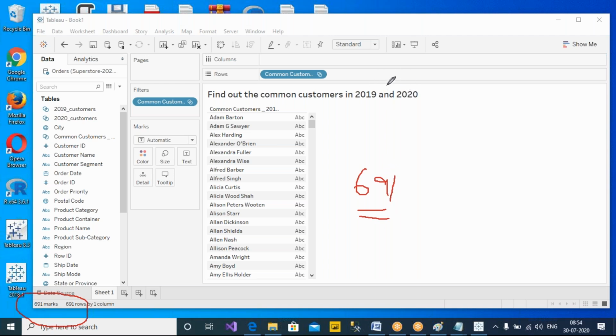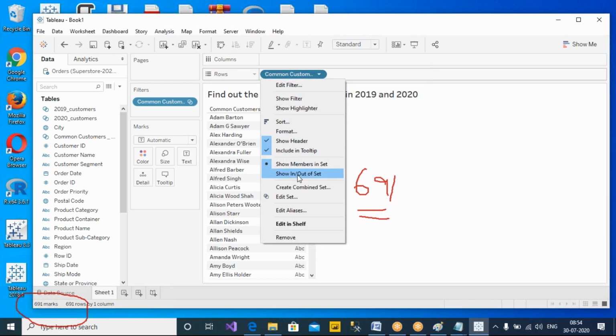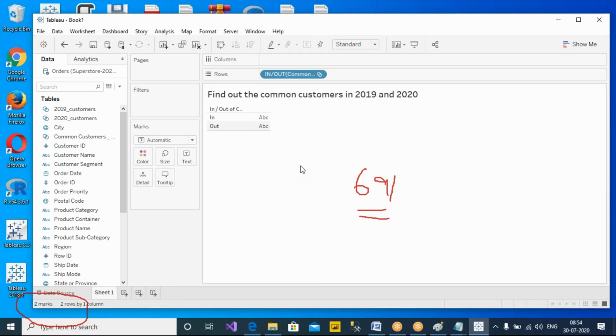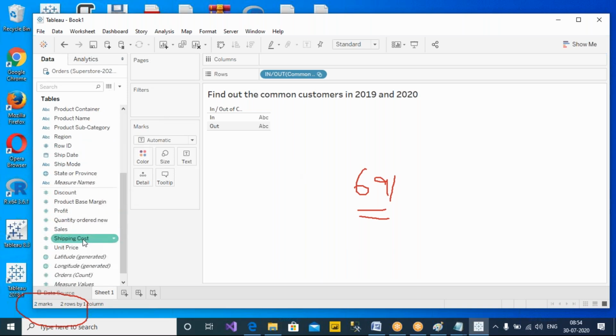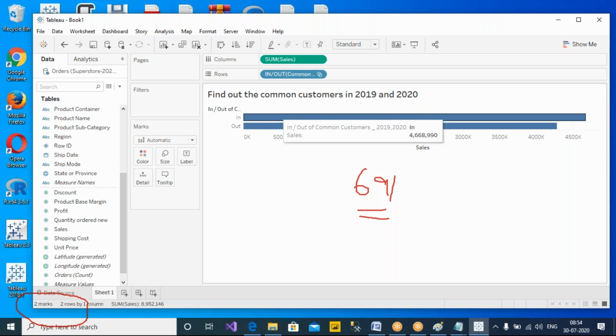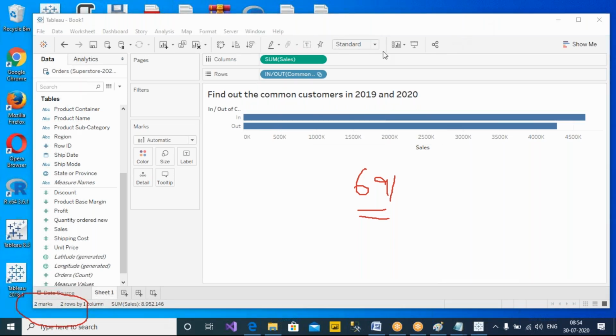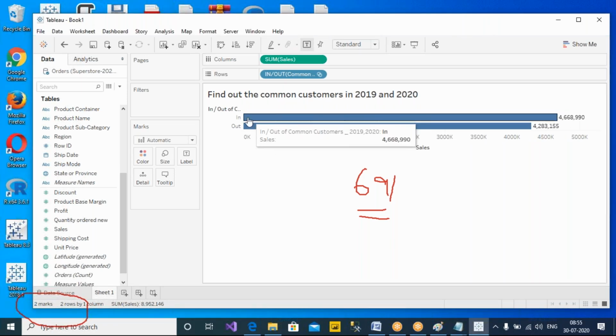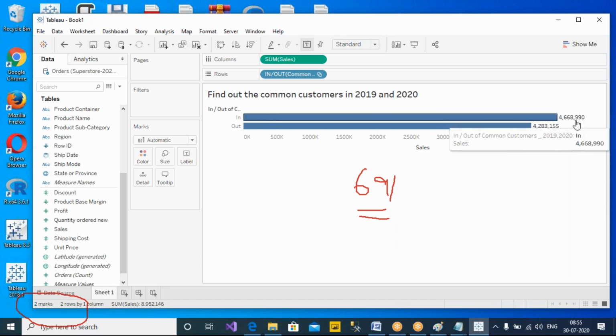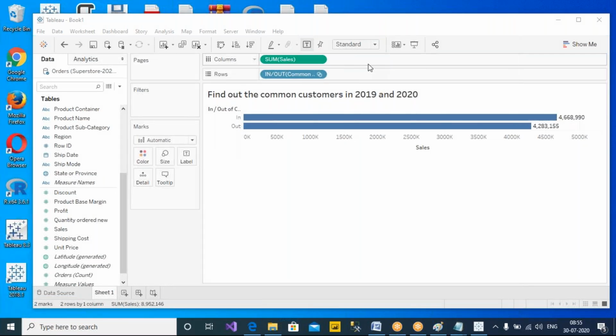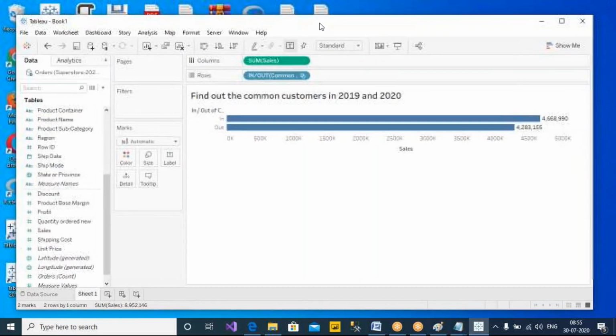All right, so how much sales are you getting from the common customers? Then just say in or out, and take your sales and put it into the columns, and you can see those numbers here. So with the existing customers only, we're getting too much of sales. So you should not lose your customers, isn't it? And show me in terms of percentage.